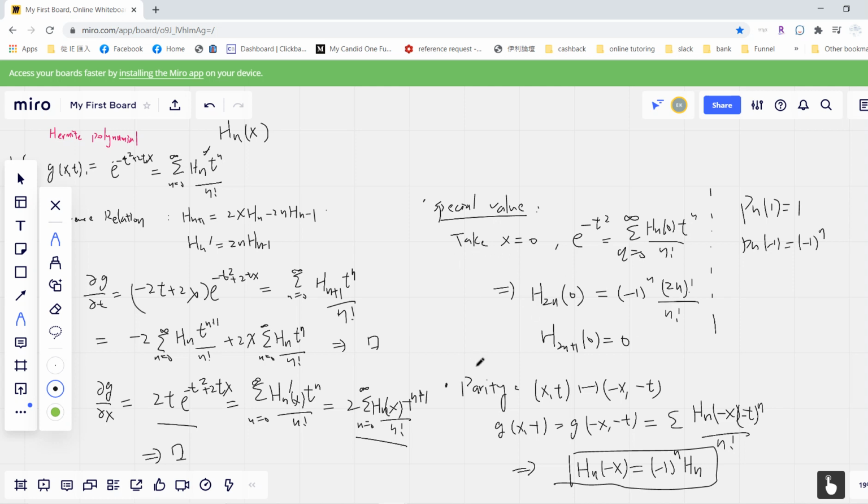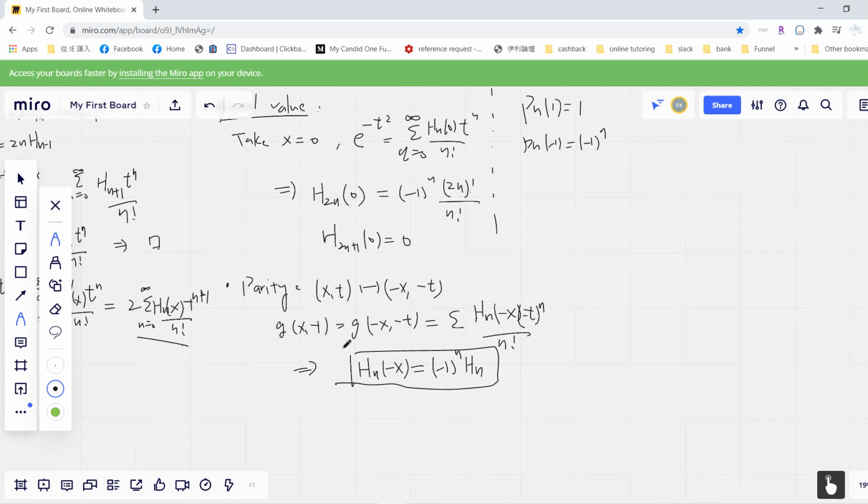Okay, and the final thing, I think it's very easy, just the parity. Remember in the Legendre polynomial, we have this one, that should be negative x, right? So the Legendre polynomial is an even function when n is even, and an odd function when n is odd. So for parity, we just change x, t to negative x, negative t.